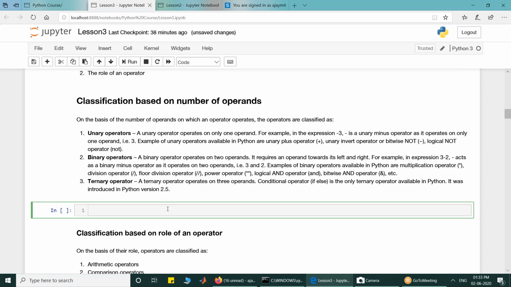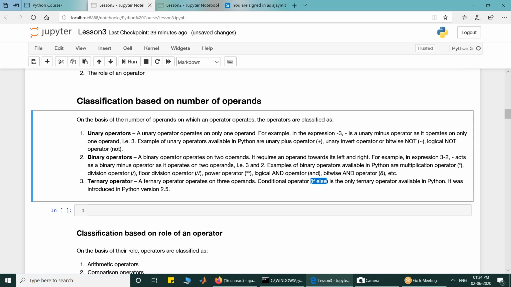All of you know about the conditional operator which is available in C programming language. This is the ternary operator. For this equivalent, the operator available in Python is if else. So if else is the ternary operator which is available in Python.